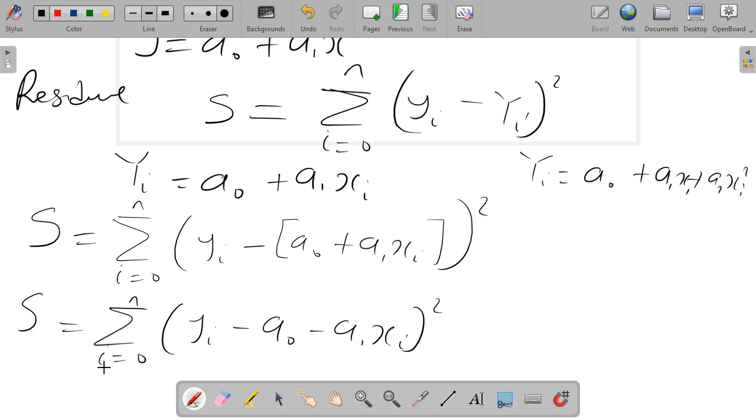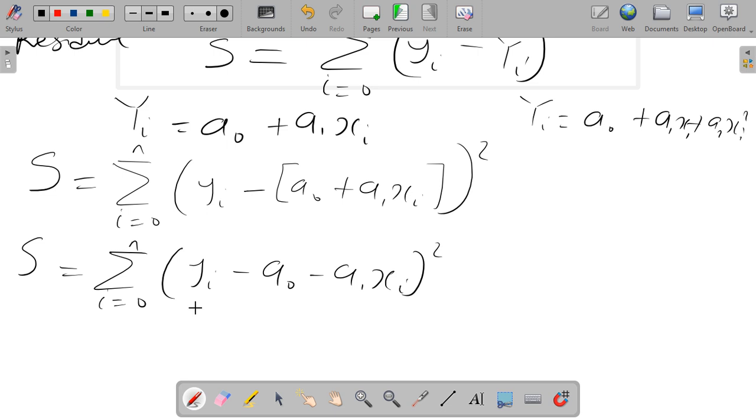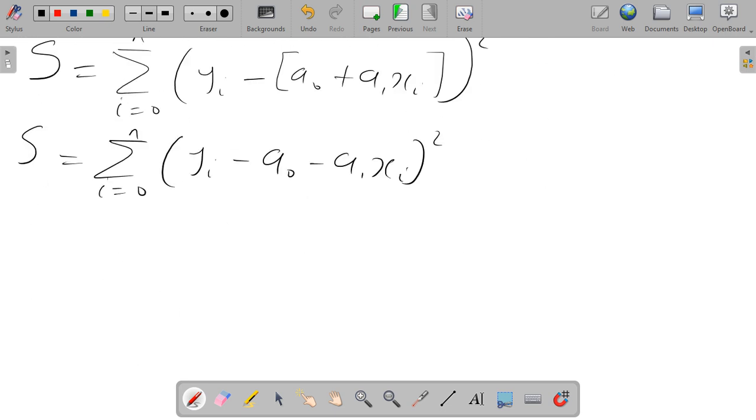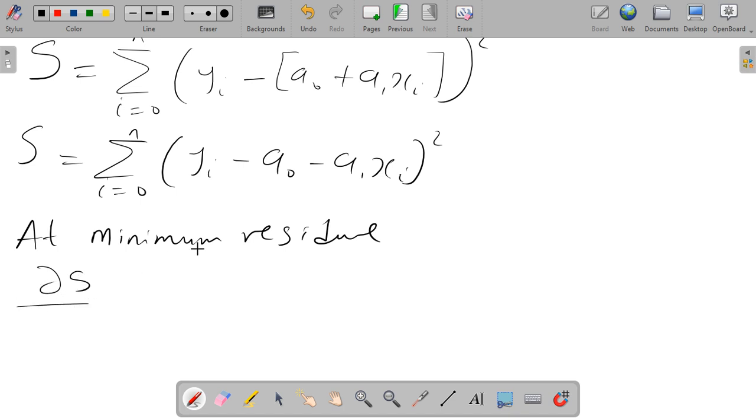Okay, so now according to your calculus, if you can remember, the first derivative, if you want to minimize the residue, because our aim is to minimize it, so at minimum residue, since we are looking for our a naught and a1, the partial s over partial a naught will be equal to 0.